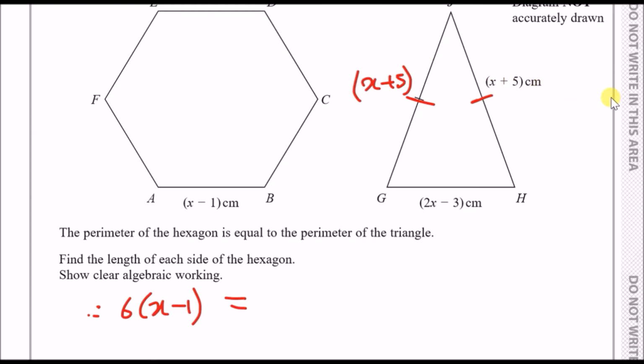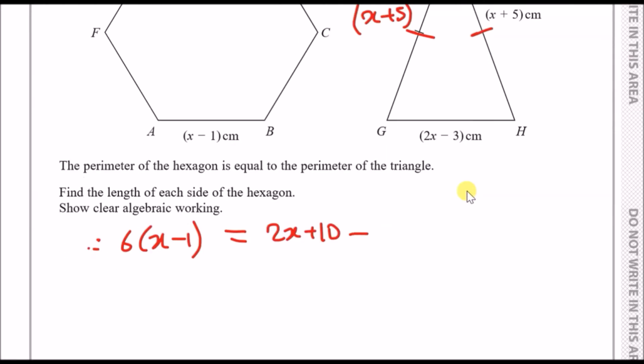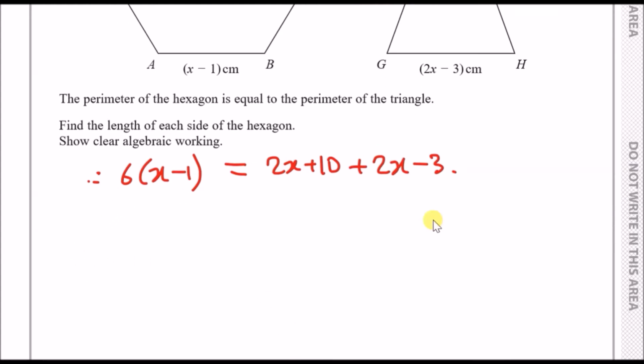That gives us 2x plus 10. And we also have another plus 2x minus 3. Now, all we have to do here, guys, is literally expand the left side. So you're going to get 6x minus 6. And then collect like terms on the right, which is 4x plus 7. And then we just solve for x.